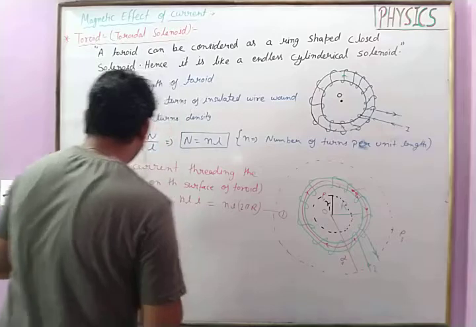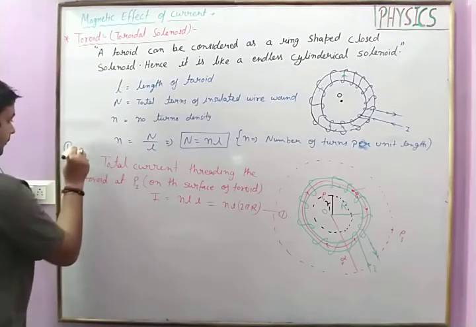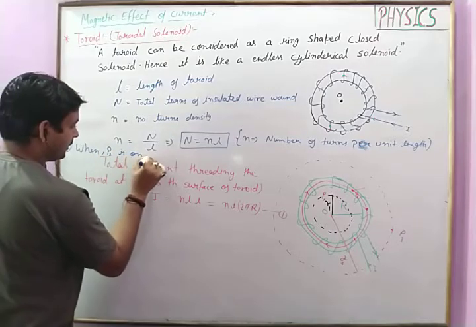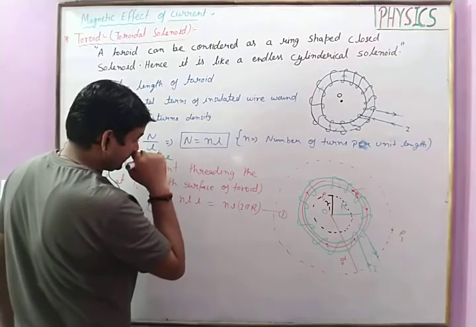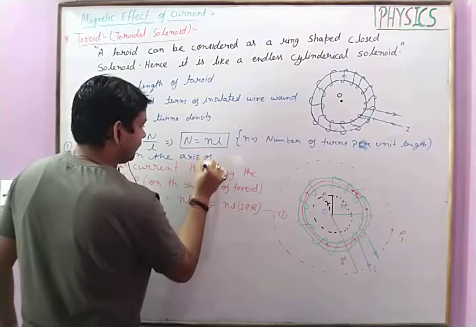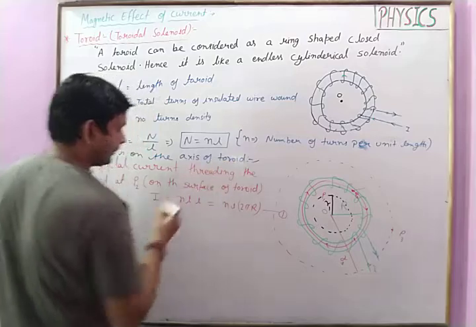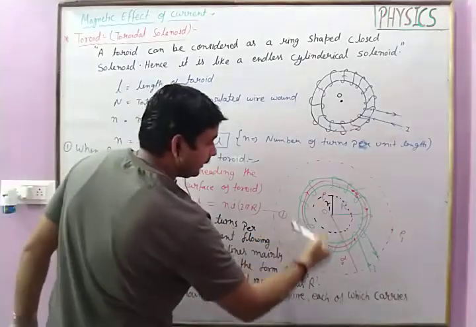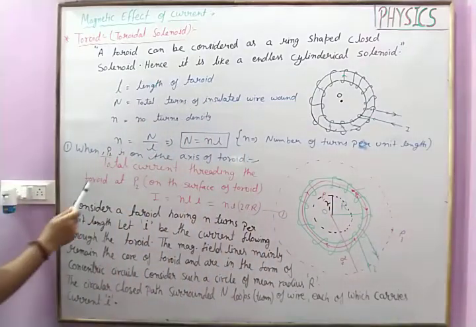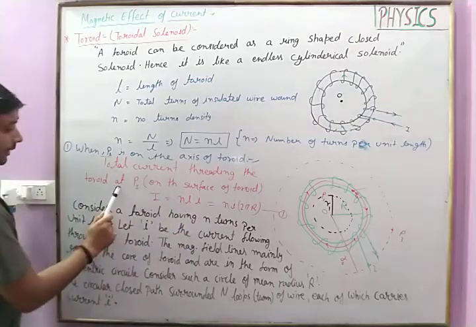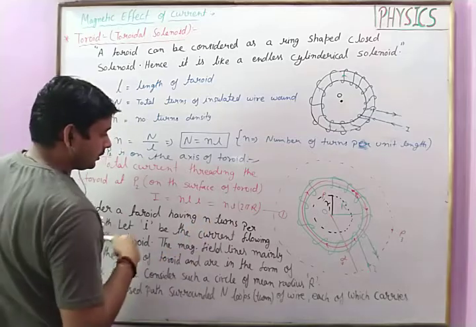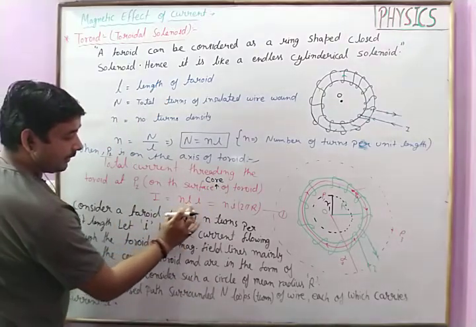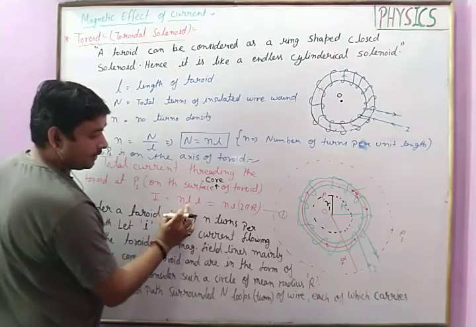Now when P2 is on the surface of the toroid, on the axis of the toroid, for the point on the axis or core of the toroid, we determine that the total current threading the toroid at P2, on the surface or core of the toroid, is I is equal to n L i, where n L is the total number of turns of the solenoid.